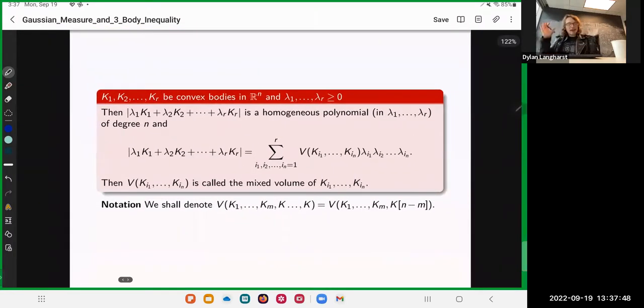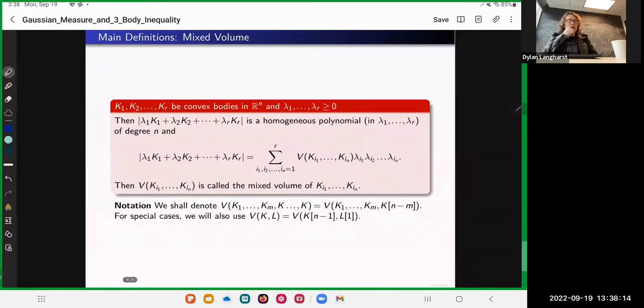This notation looks kind of hard to follow. So in our setting, we're only going to be dealing with bodies that appear multiple times. Let's say I have n total bodies, but this last convex body K appears n minus m times. So I'm going to simplify the notation and use this: K1 up to Km, and then this last one appears n minus m times.